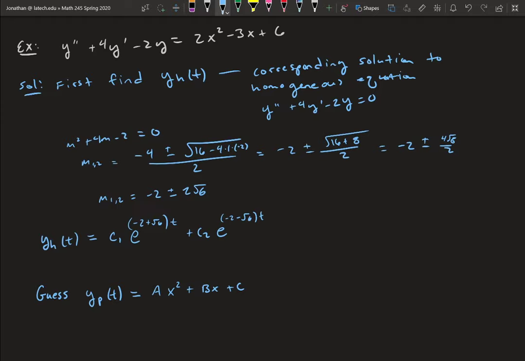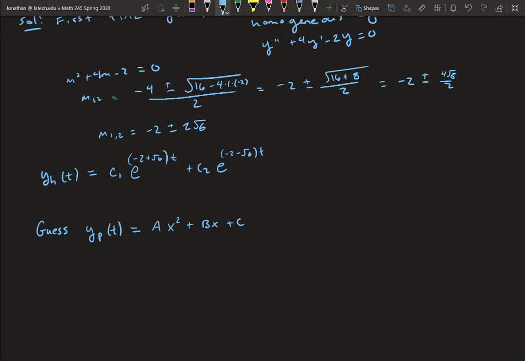We'll have to modify this in some cases, but we'll talk about that probably on Tuesday next week. So guess yp equals ax squared plus bx plus c, and then take the derivative. Yp prime of t equals 2ax plus b, and then yp double prime will be 2a.